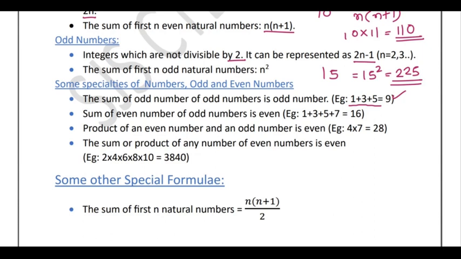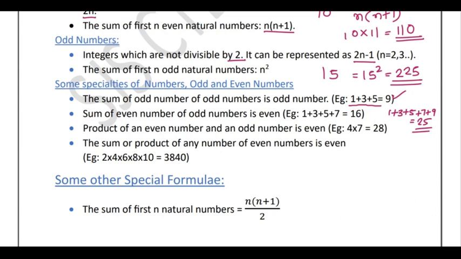For example, if I am adding 5 odd numbers, that is 1 plus 3 plus 5 plus 7 plus 9, what answer am I getting? 16, 16 plus 5 is 21, 21 plus 4 is 25. So it is also an odd number, right?